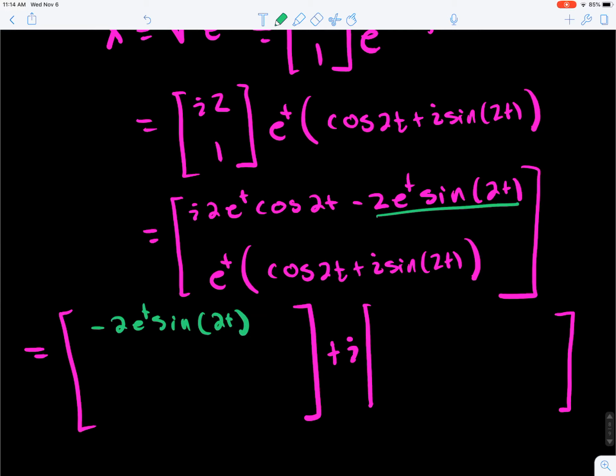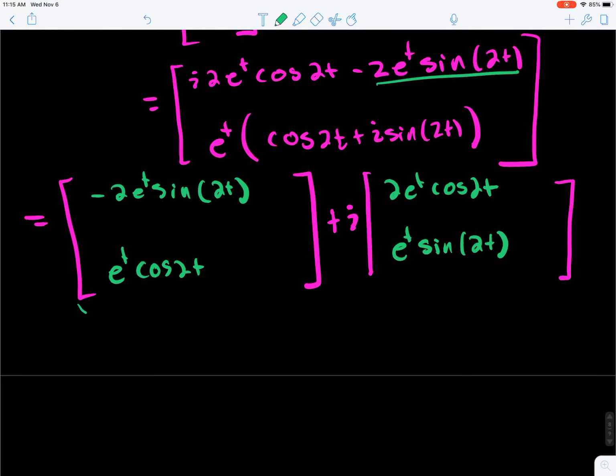And the imaginary part can go in the top right, which is 2e to the t cosine 2t. And then in the bottom entry, the real part of it is going to be e to the t cosine 2t. And in the bottom right, we're going to have e to the t sine of 2t. Awesome.